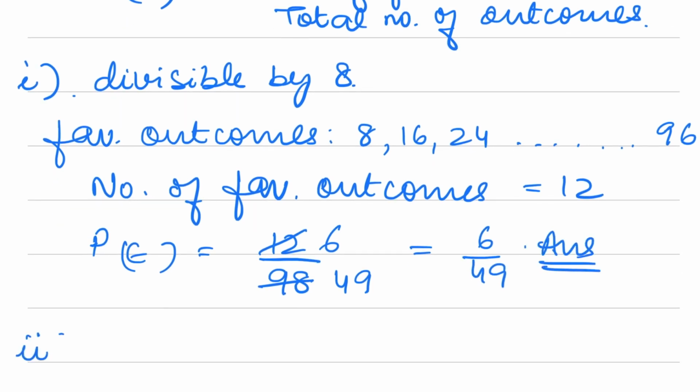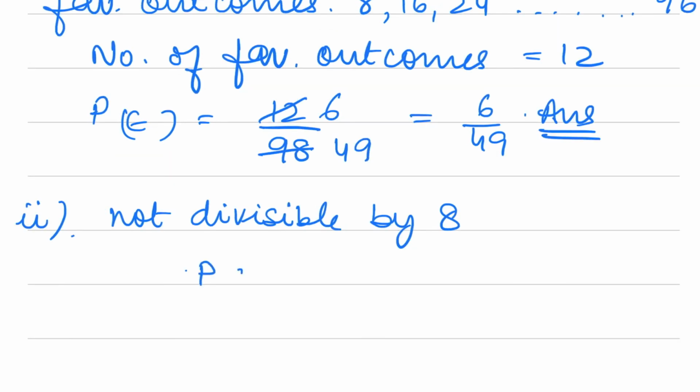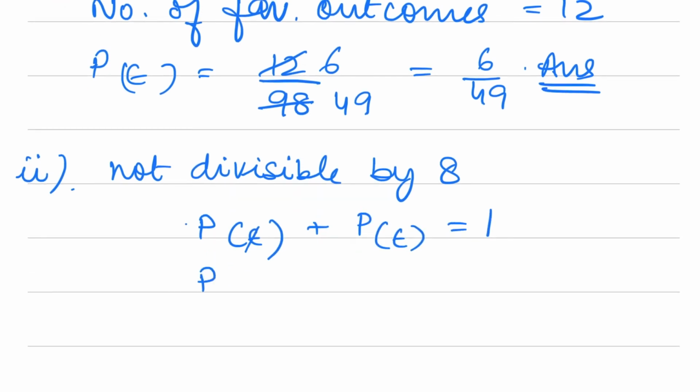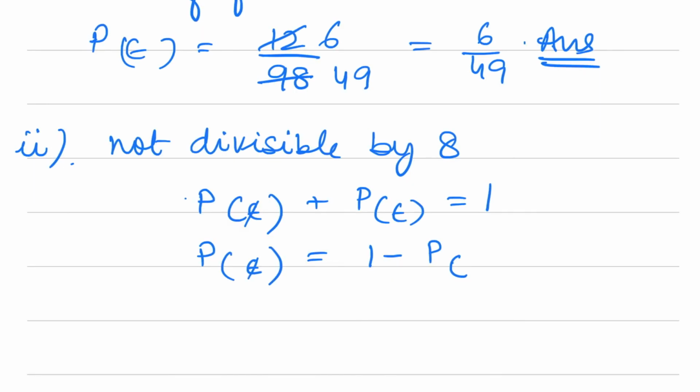Then second part, we have not divisible by 8. So we can say probability of not having an event plus probability of the event would be equal to 1. So I can say probability of not divisible by 8 would be equal to 1 minus probability of the number divisible by 8.